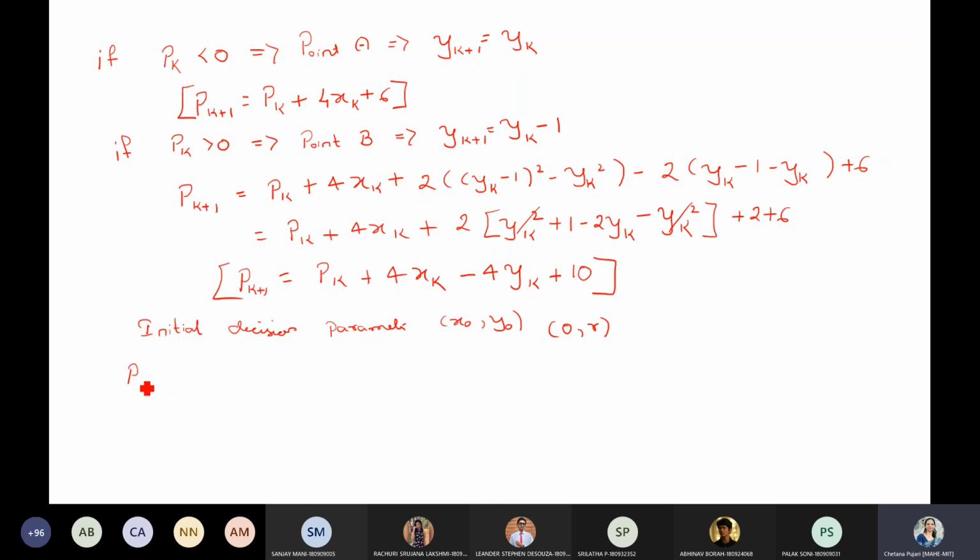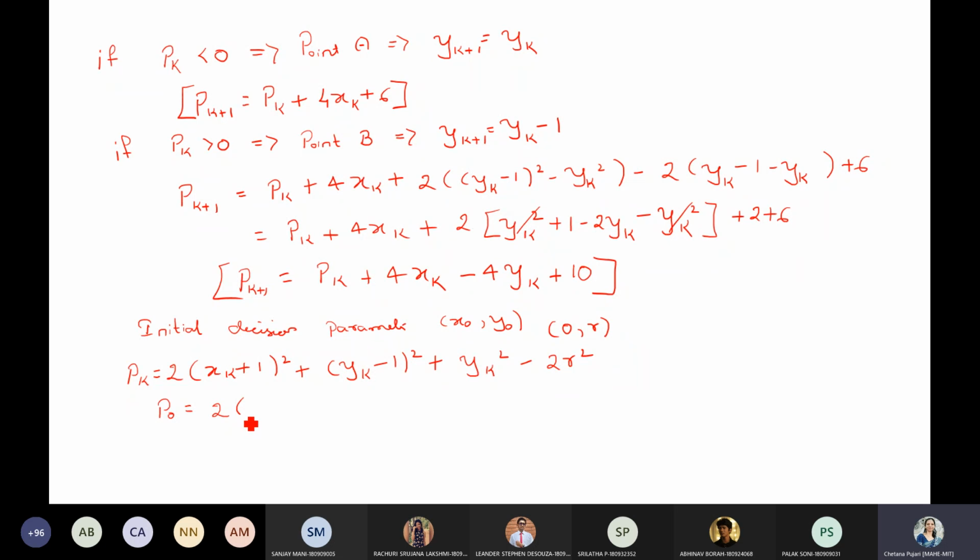So we have the pk equation as pk is equal to 2 into (xk plus 1) whole square plus (yk minus 1) whole square plus yk square minus 2r square. So this is the equation we got for pk, right? So just substitute your x and y with 0 and r.